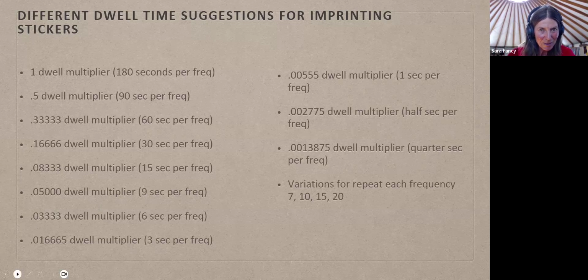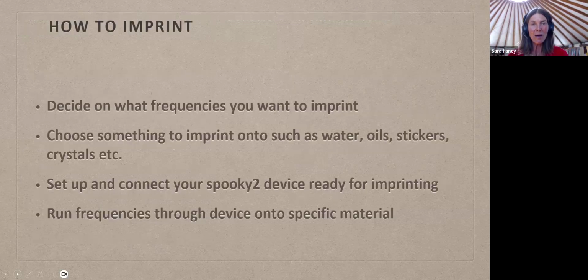So here we go. I'm going to go to the next one. So how do you imprint? So first of all, decide on what frequencies you want to imprint. Like, what do you need, or what are you trying to do? Okay, is it for you? Is it for a friend? Is it for your pet?